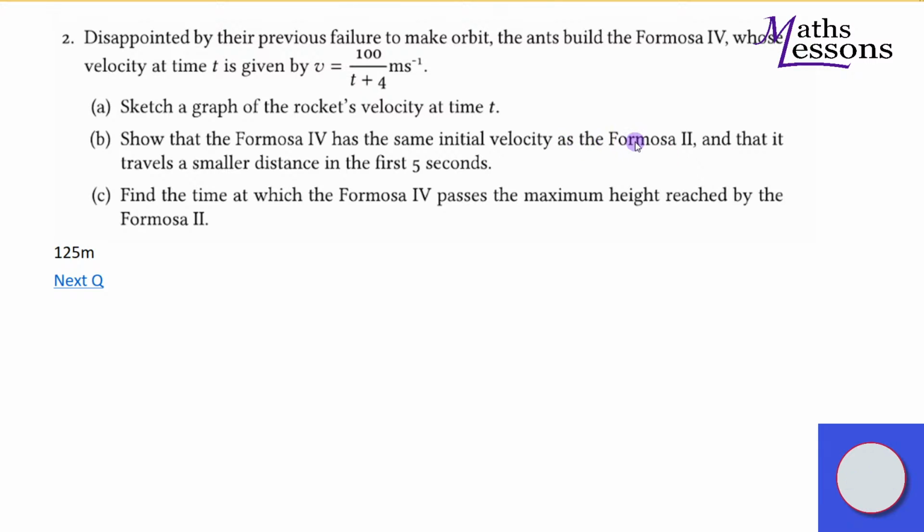Just going back to question 2, if you can remember from the previous questions, the initial velocity in that was 25 meters per second.